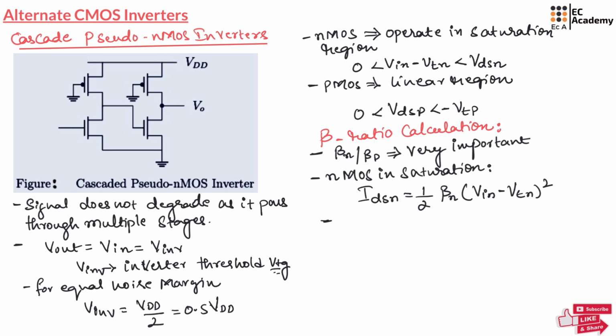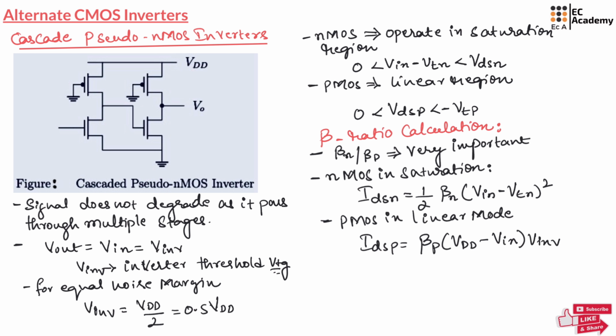And for PMOS in linear mode, the current IDSP will be equal to beta p into (VDD minus V inverse) multiplied with V inverse. If we equate the currents, we will get 1 by 2 beta n into (V in minus VTN) square will be equal to beta p into (VDD minus V inverse) into V inverse.